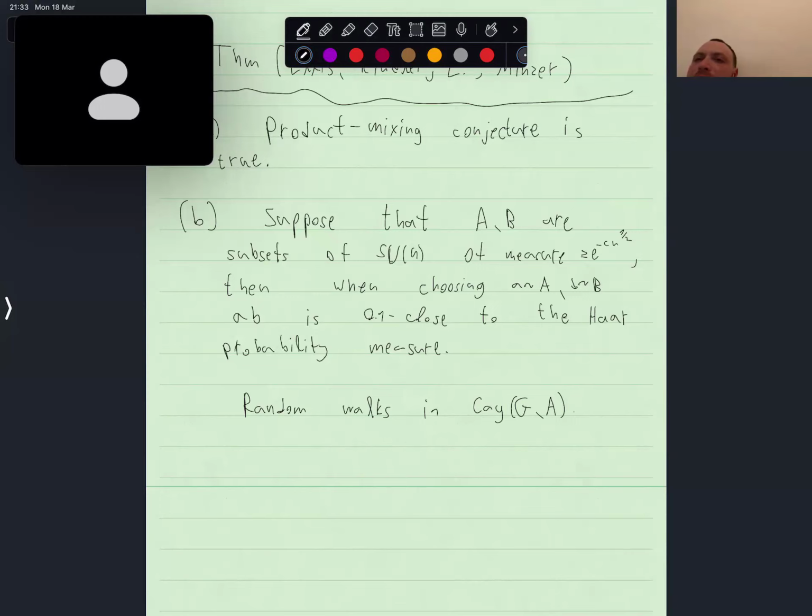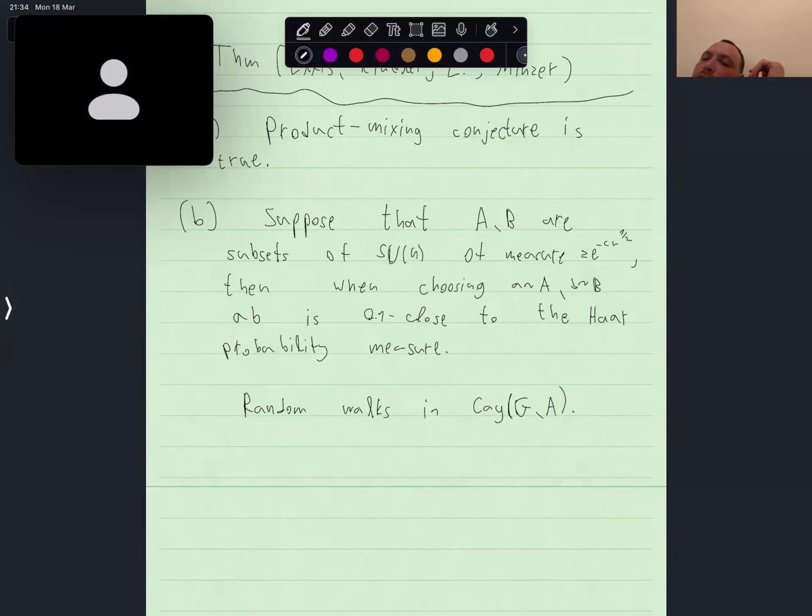And basically this theorem tells you that every Cayley graph over the special unitary group where A is of measure at least e to the minus c root n has mixing time 2. Which is somewhat surprising, I guess.